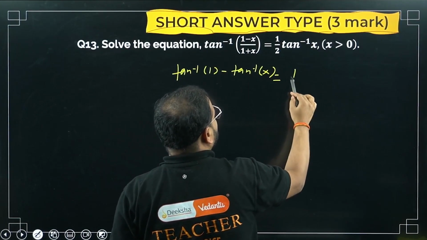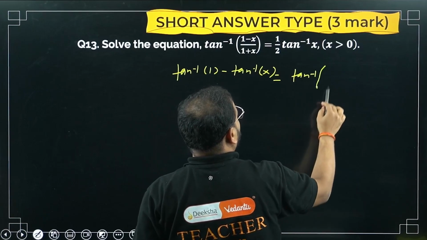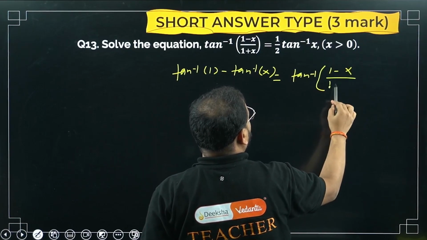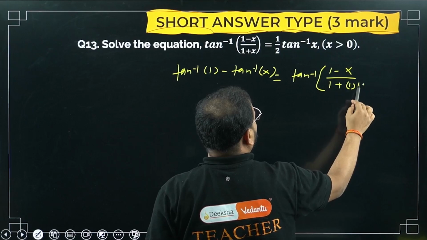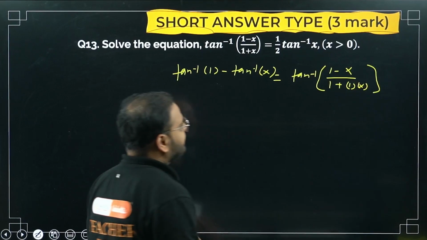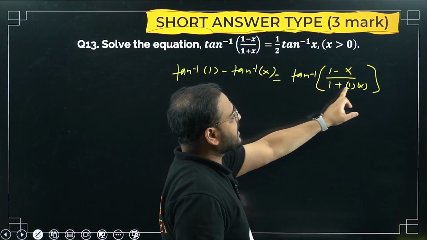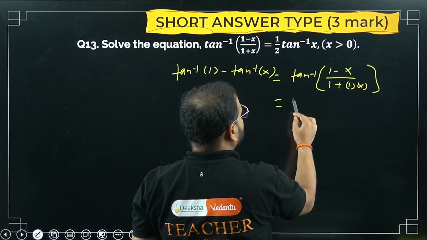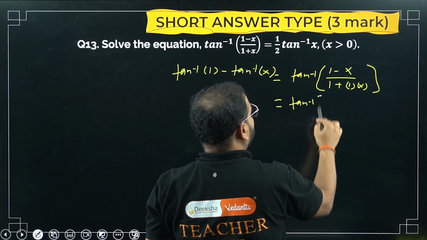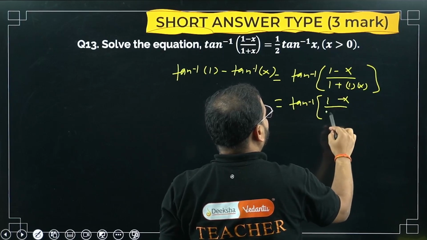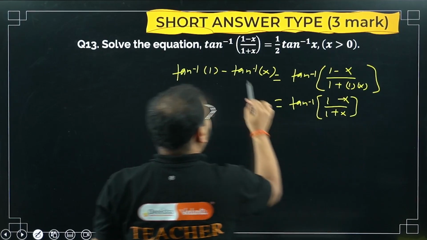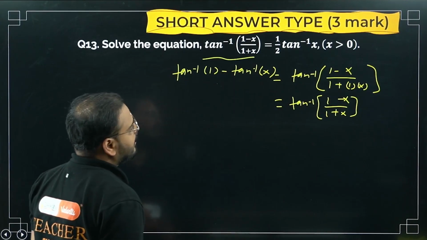This is nothing but tan inverse of 1 minus x upon 1 plus 1 into x. Right? Tan inverse of a minus tan inverse of b is tan inverse of a minus b upon 1 plus ab. Please check this. So tan inverse of 1 minus x upon 1 plus x. So I can write this whole thing as what?